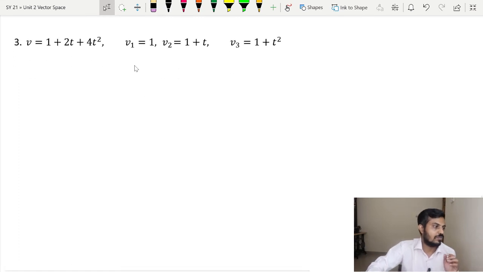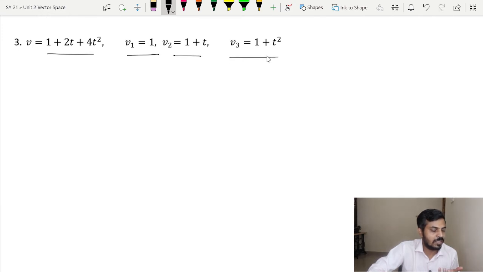Over here we have to express this v as a linear combination of v1, v2 and v3, but here we can see that whatever polynomials are given, these are given in the variable t, and you can see at most the degree of the polynomial is 2. So we can say that the vector space over here is P2 of t.